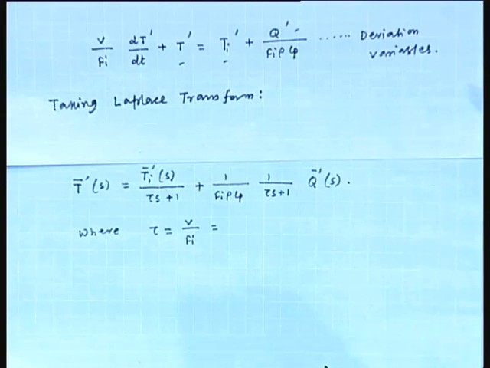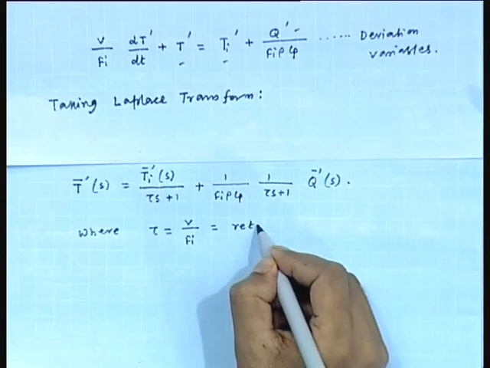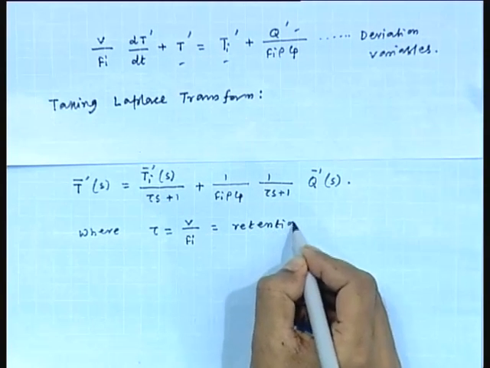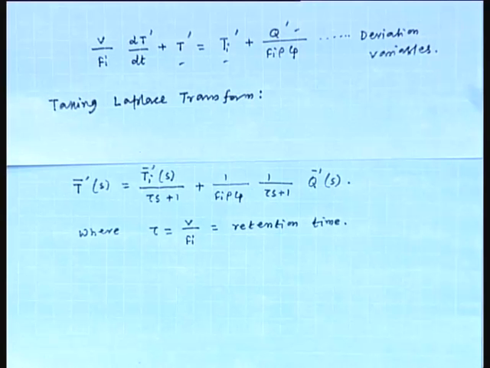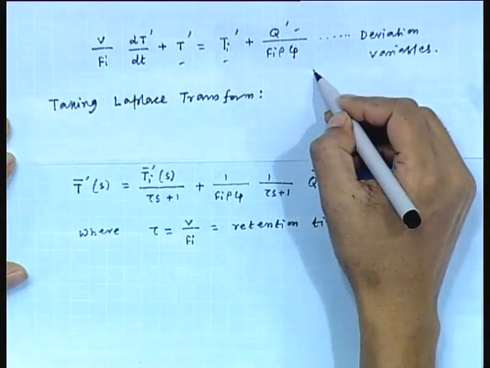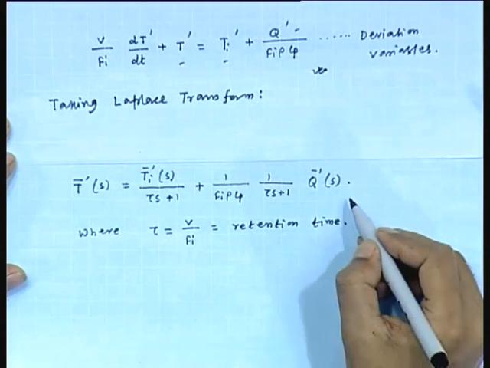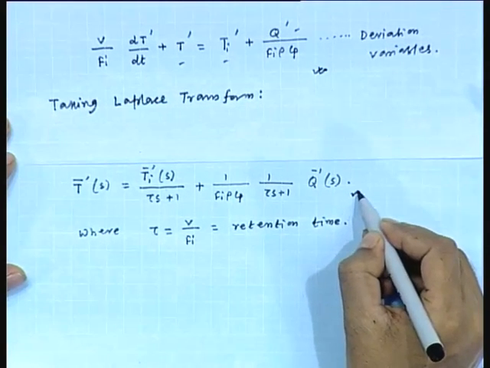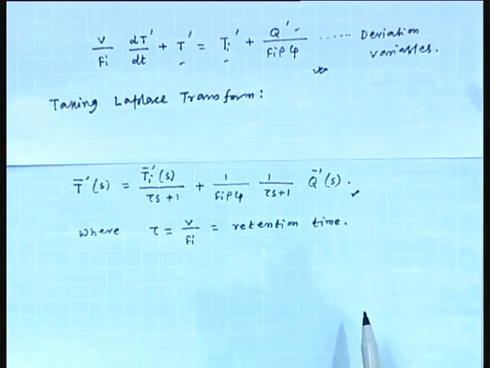This is the retention time of liquid in the tank. If we take the Laplace transform of this equation and after rearranging we obtain this expression, where tau is a retention time of liquid in the tank.